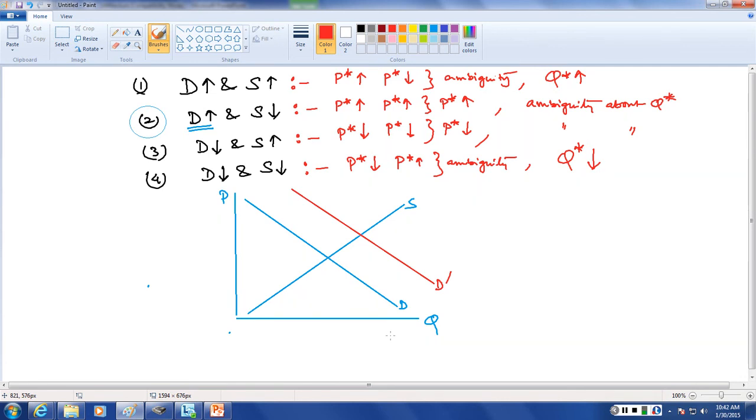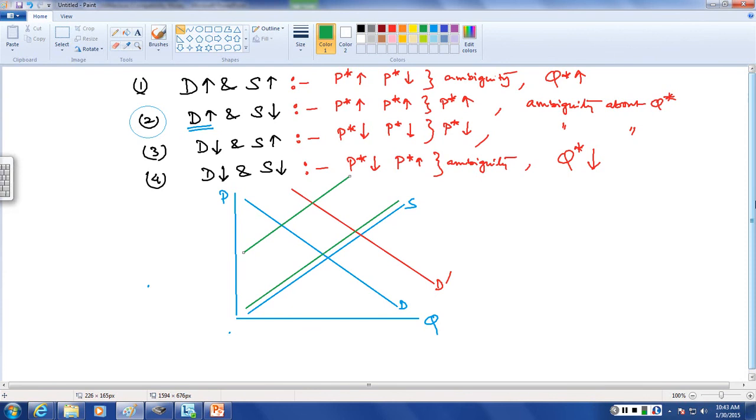But here's what we're going to do. We're going to make 2 possibilities here. One would be a very small leftward shift. In other words, supply falls, but by very little. The other possibility is supply falls by a lot. Okay?